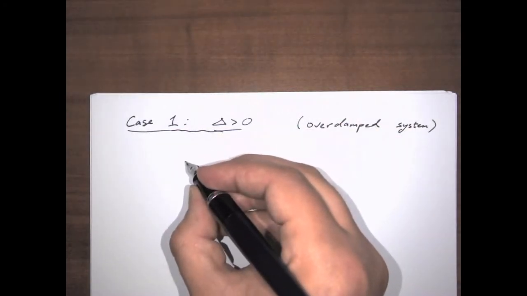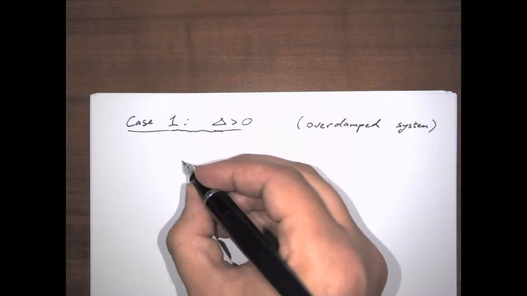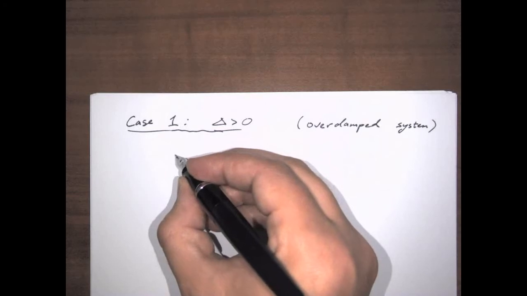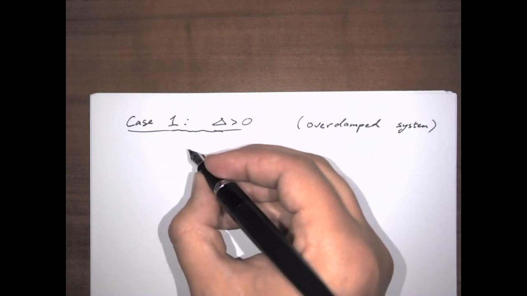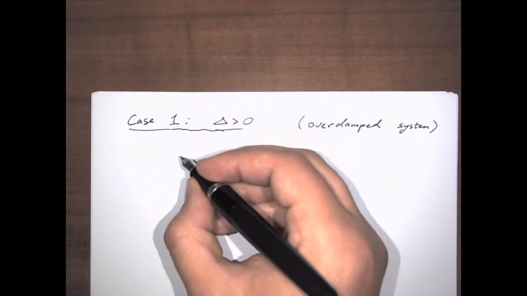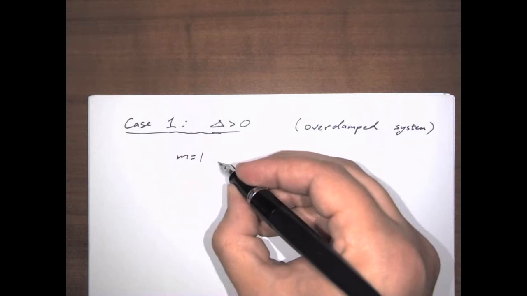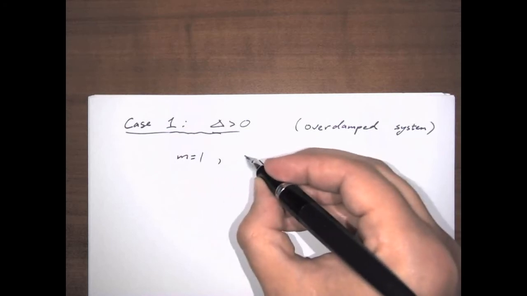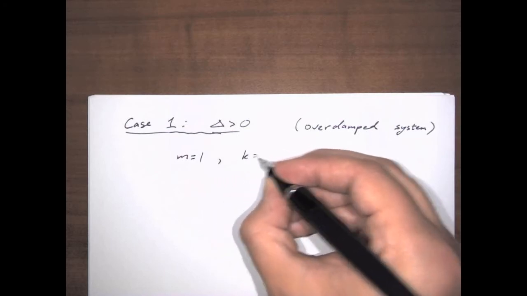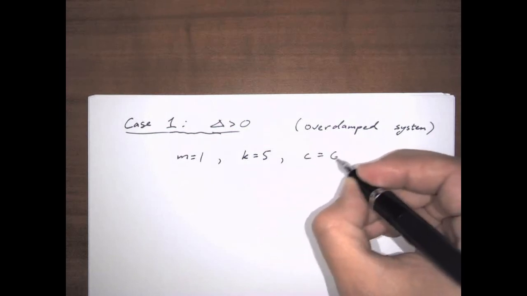What this is going to look like is, via Bluffton, an example like there. So first we'll write the numbers, and then we'll look at it on Bluffton. For overdamped, we could say m equals 1, k equals 5, and here c equals 6.